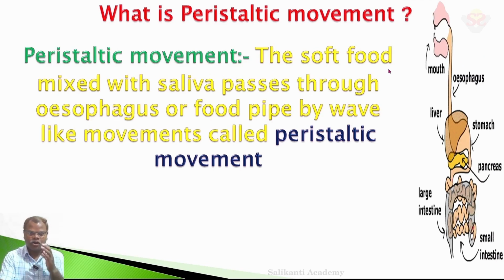Peristaltic movement: the soft food mixed with saliva passes through the esophagus, or food pipe, by wave-like movements called peristaltic movement. From the esophagus to the anus, the food moves from esophagus to stomach, stomach to small intestine, small intestine to large intestine, and from the large intestine to outside through the anus.